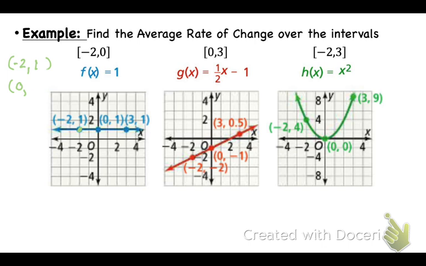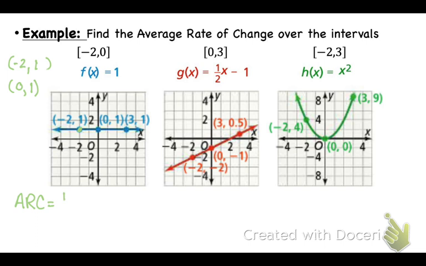Okay, this is a horizontal line. Yes? Yes. Does anyone know the slope of every single horizontal line, no matter what horizontal line it is? Nope? Okay, we're going to figure it out right now. So let's find the slope. M equals, not M, we're not doing slope, we're doing what? Average rate of change. So we write ARC.